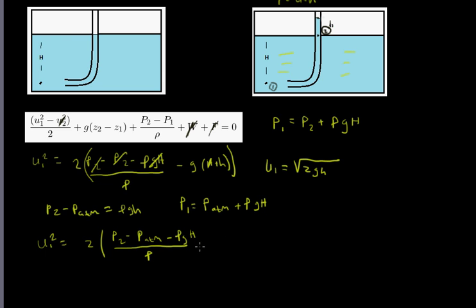And then we're going to subtract off g times capital H plus lowercase h. So this term will cancel with this term.